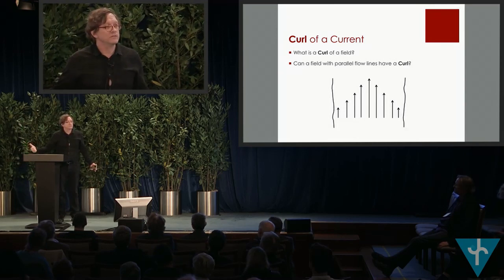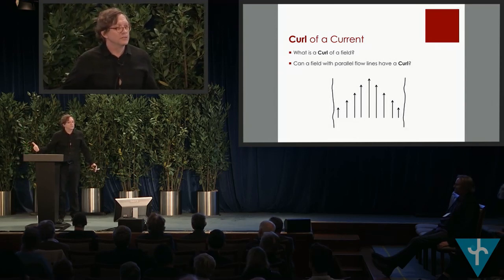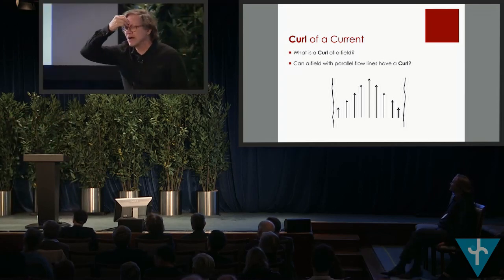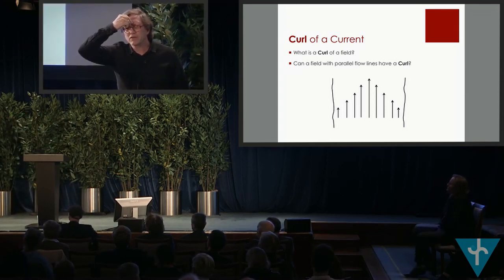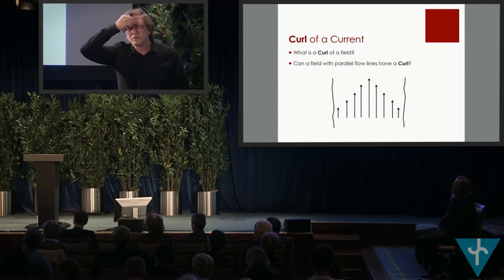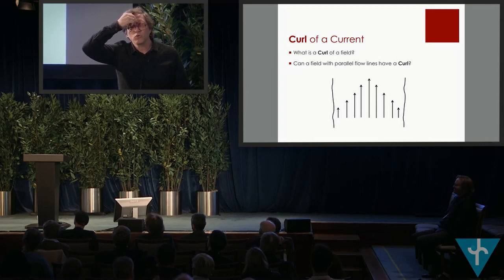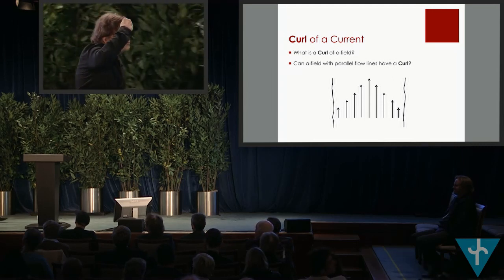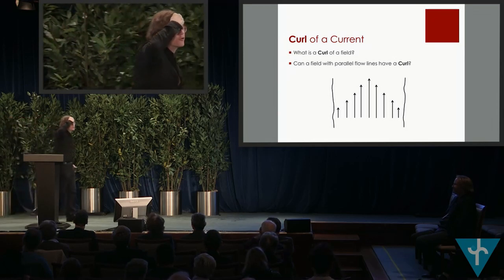I can't. So there's something incongruous about this particular piece of mathematics. There's something off. There's something a little weird about it. Two-dimensional worlds should be able to have curls in them.